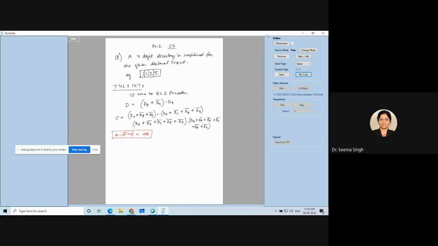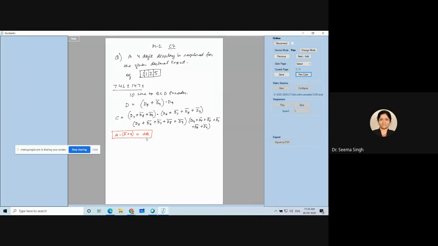If in this product of some form I have a variable here, and I have a complement of that variable in another term, that complemented term gets absorbed, and you are finally left with the terms which do not have the complement of this term. Why am I explaining this here? Because this circuit reduces to something and the final circuit comes out to be something else.